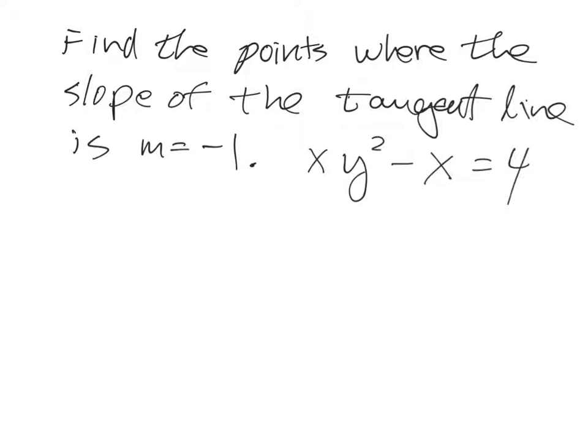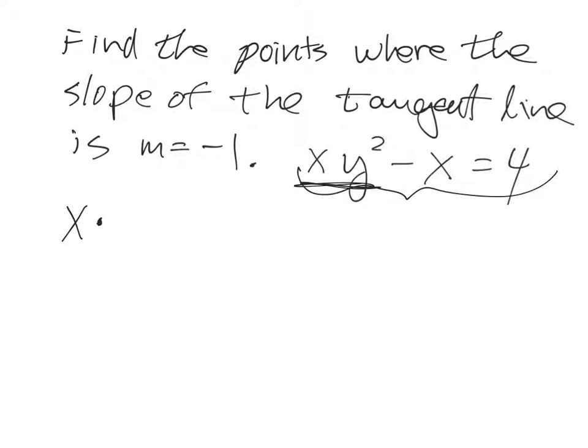One of these: find the points on this particular curve where the slope of the tangent line is -1. Again, most of the work is finding dy by dx, and then, of course, the algebra involved. So for dy by dx, this part, find your product rule.